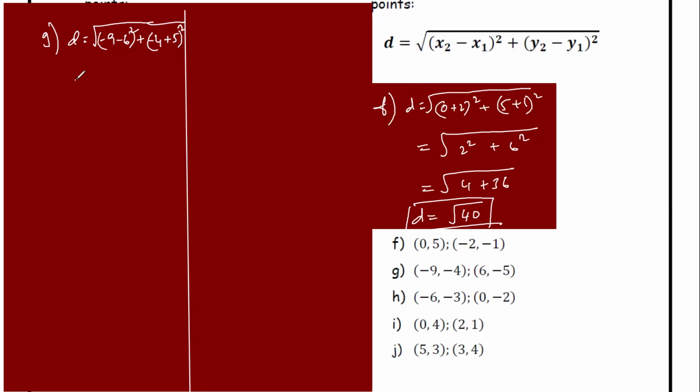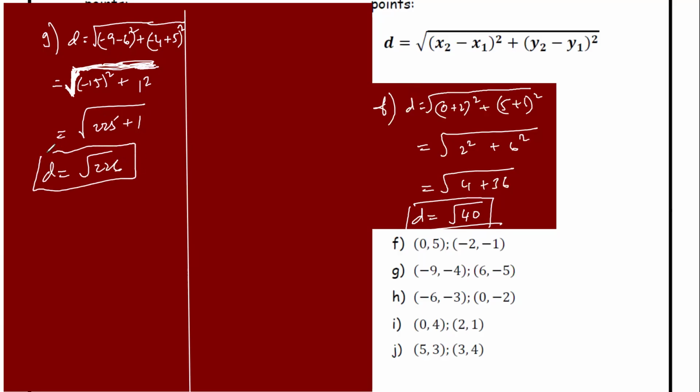That's plus 5. So we have -15, the whole thing squared, plus 1, the whole thing squared. So that's root of 225 plus 1, root of 226. That's your G.